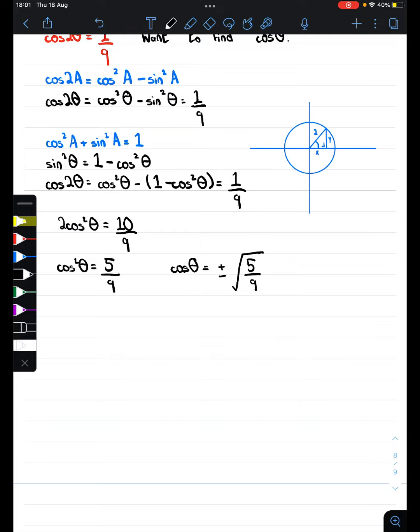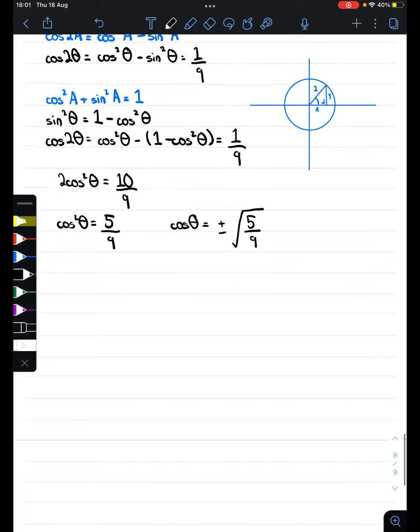Okay, and so what we know about square roots is that the square root of a over b is equal to the square root of a over the square root of b.